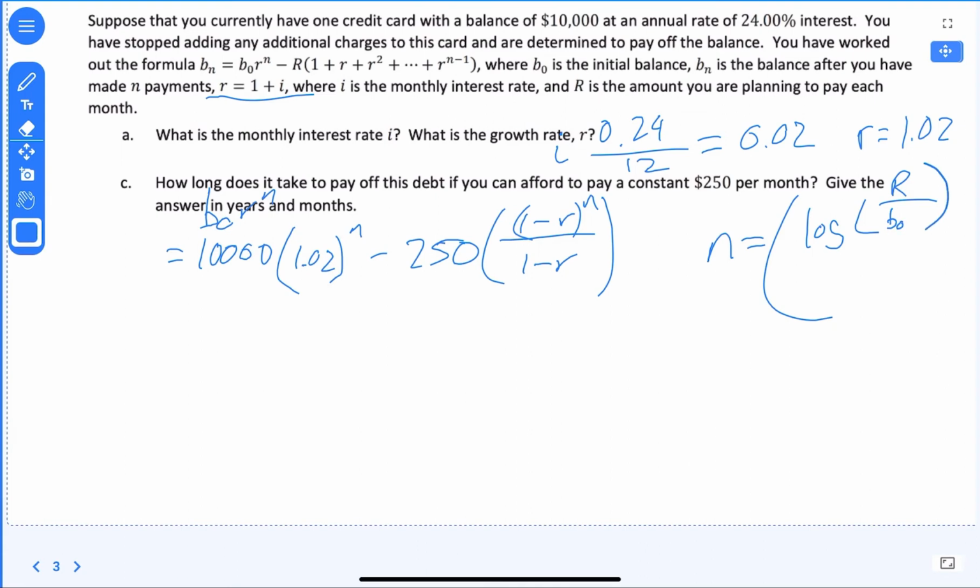B-O, and then what? Okay, denominator. One, B-O minus one, times what?